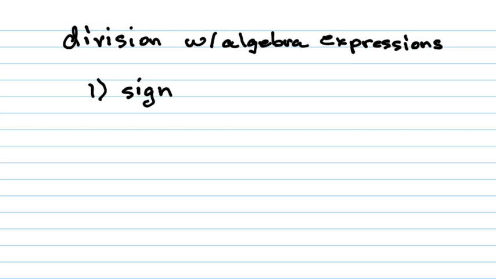As a review, when you're dividing, if they're both positive, the answer is going to stay positive. If they're both negative, the answer is also going to be positive. A negative divided by a negative makes a positive. But if one of them is negative and the other one's positive, and it doesn't matter which one, the answer is a negative.